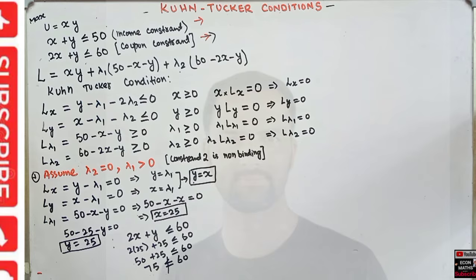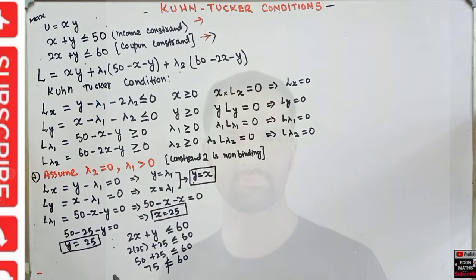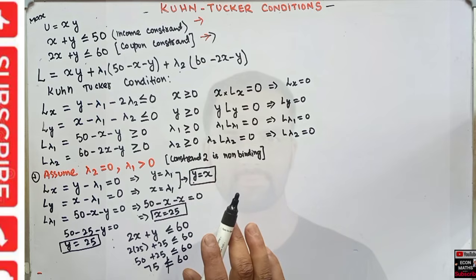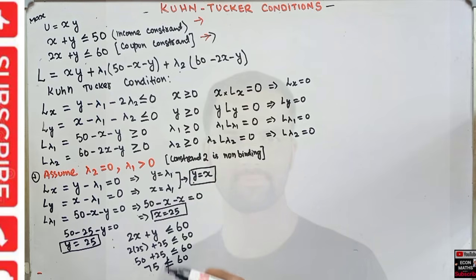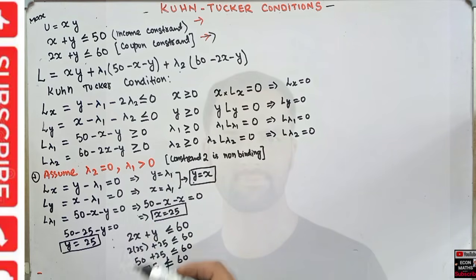That means this condition was violated when we assumed lambda 2 is equal to 0, or when we say that coupons are not the issue for us. I hope I am making sense here. First we assumed that lambda 2 is equal to 0, and we solved by the Lagrange method.